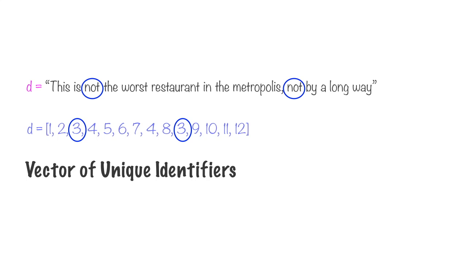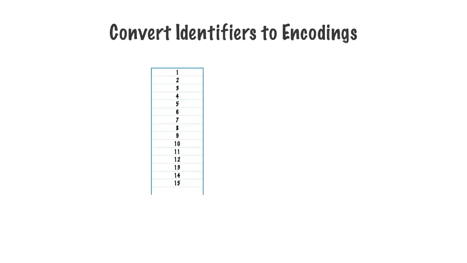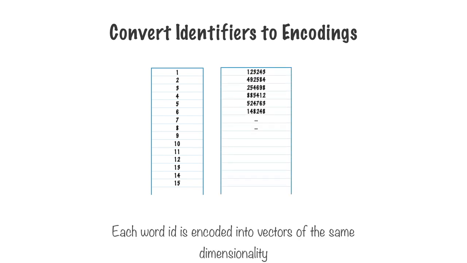The word "not" has a unique ID of 3, so wherever we encounter "not" in our review, we use the identifier 3 to represent it. Once we have every review expressed in terms of identifiers, we'll use the training process of our RNN to generate embeddings for every word. Each word is encoded into vectors of the same dimensionality.